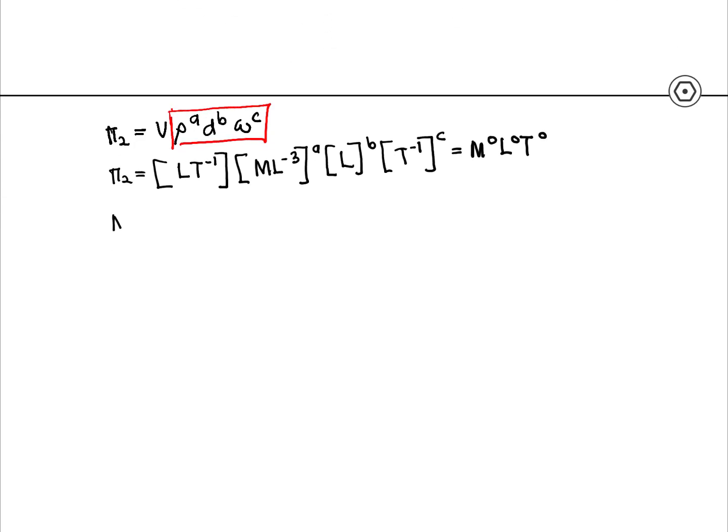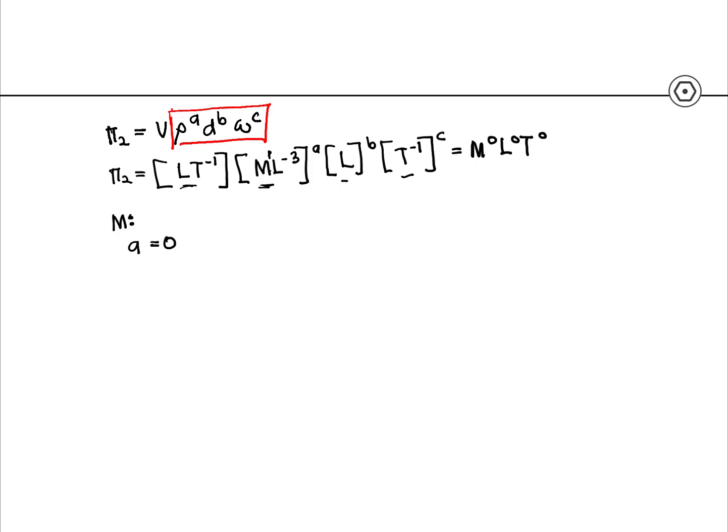So for M, this is the same. We segregate M, L and T. So M, here there is no M, here only one M to the power of 1 times a. Then here no M, here no M, then equal to 0.